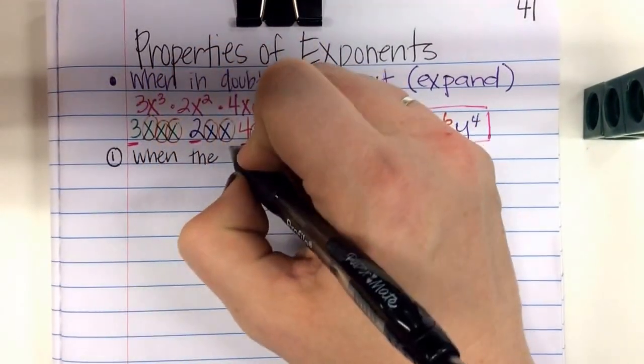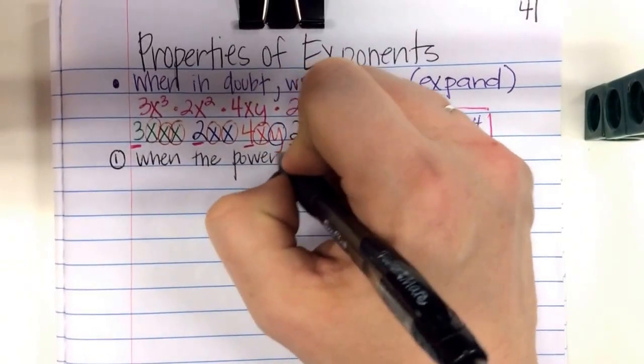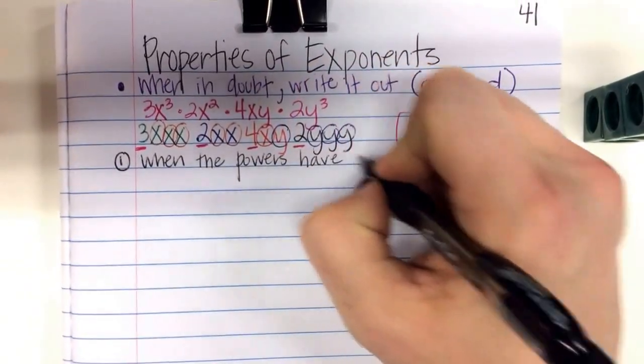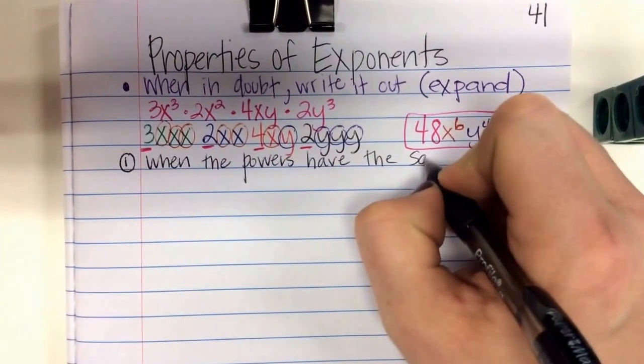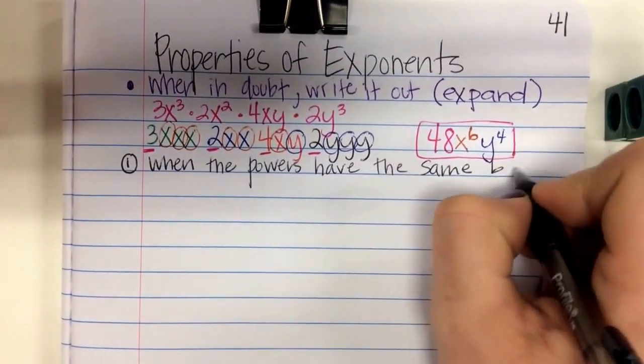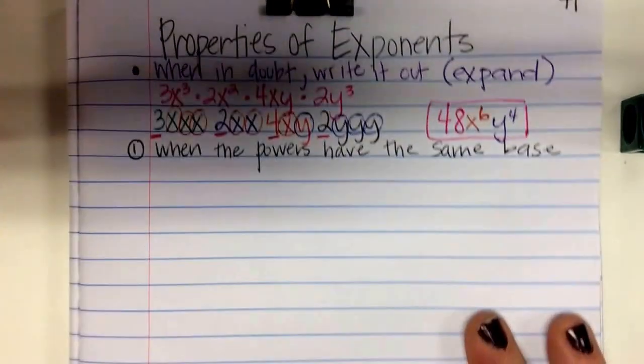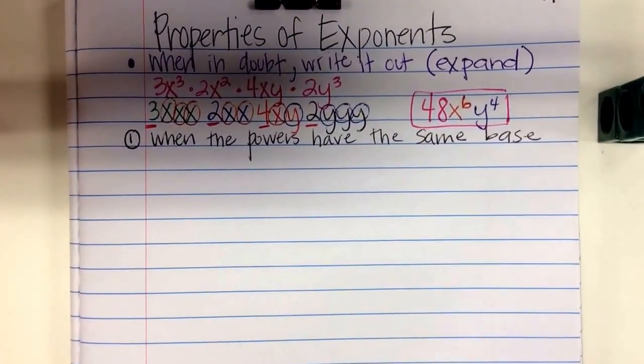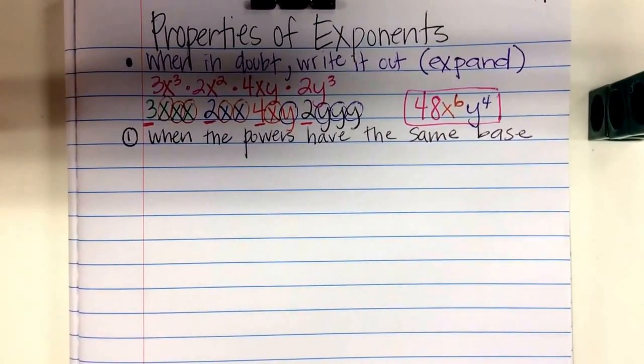When the powers have the same base. What's the base?